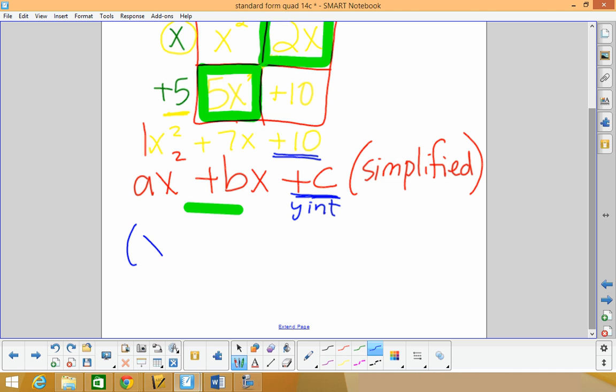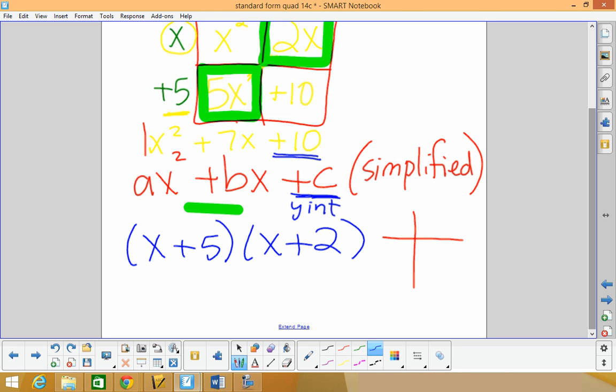The factored form was x plus 5 and x plus 2. So to get the x-intercepts, an x-intercept on a graph is where it crosses the x-axis. And at these points, the y value is 0.